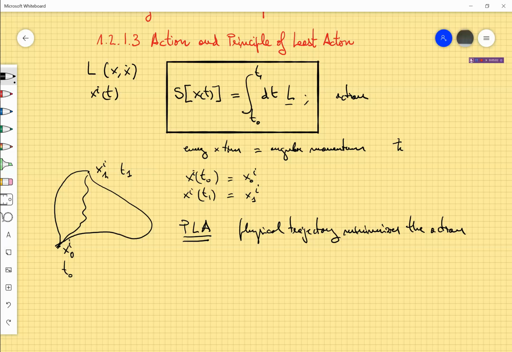Suppose that x^i is this minimum, and we perturb it, so we add something to it, such that x^i plus delta x^i still satisfies these boundary conditions here.